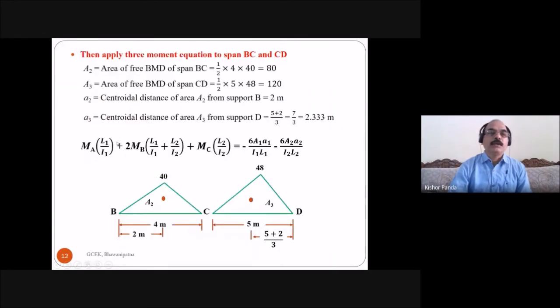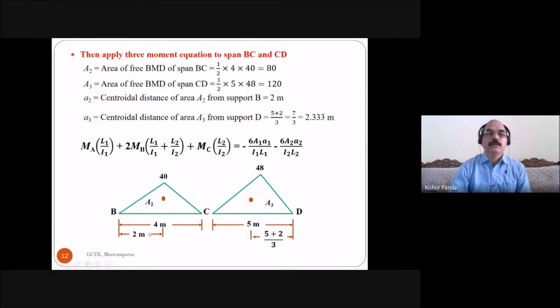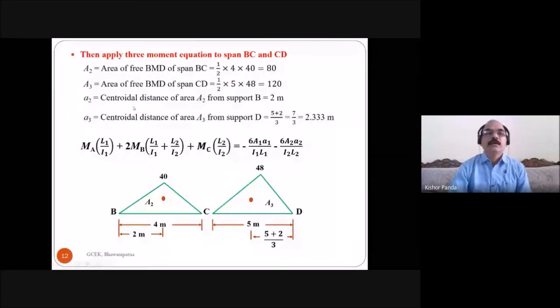Then here you have to take A1 is equal to A2, and A2 is equal to A3. For this formula, you have to take small a1 equal to a2 equal to 2 meter, and then this side a3.